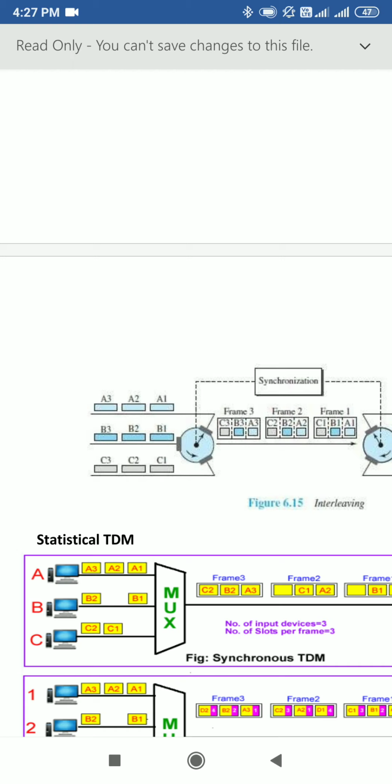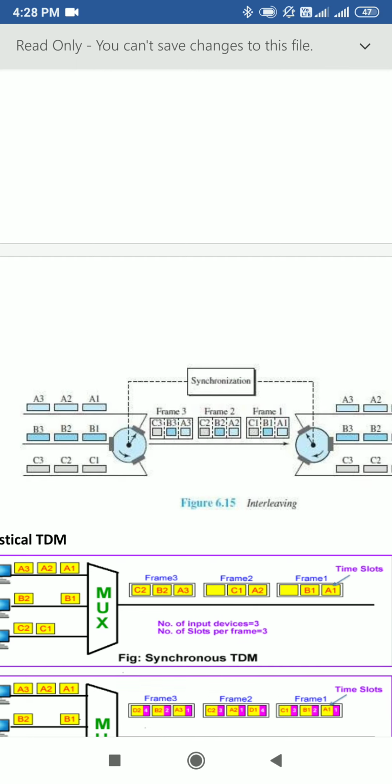So interleaving is nothing but the rotating switch will rotate at each and every connection or each and every device at a constant rate in a fixed order. This is known as interleaving. You can just write the definition. Rotating switch rotates towards each connection at a constant rate in fixed order.